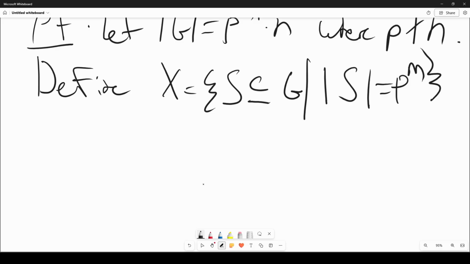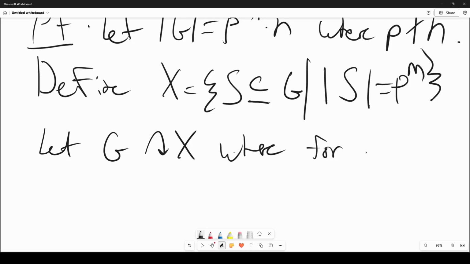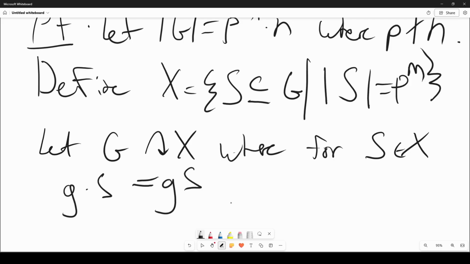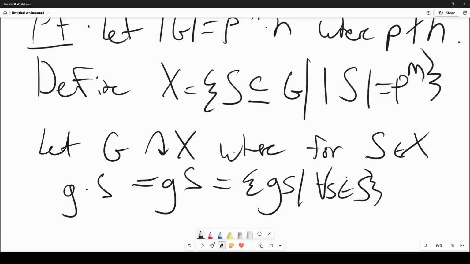So we can now define a group action. Let G act on our set X, where for, let's say, S is some set in X, g dotted with that set equals just the left coset of it, which can also be written as gS for all S in X. Note this is okay because we're choosing elements of S to be inside of G. These are group elements.